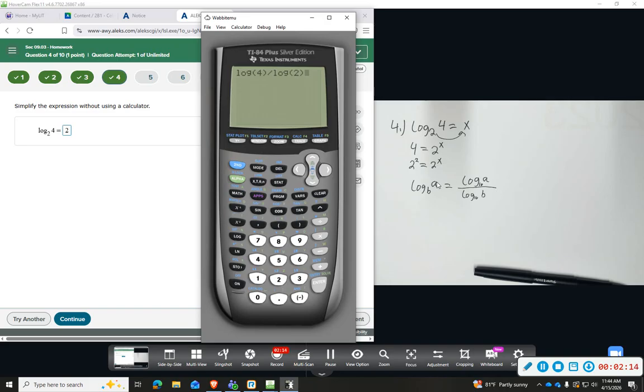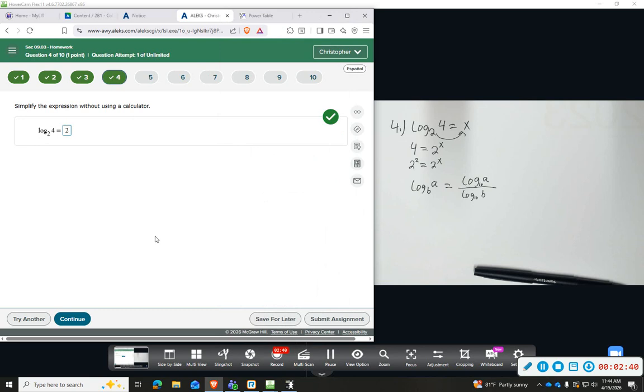That's the change of base right here. We get 2. And then with this one we have an operating system. So if I do alpha and I do, I think, window, option number 5 gives me the option to change the base. So I can put a 2 for the base and then a 4. But you can use that property of change of base to still solve it. But either way, we want to write it as exponential and then solve it like so.